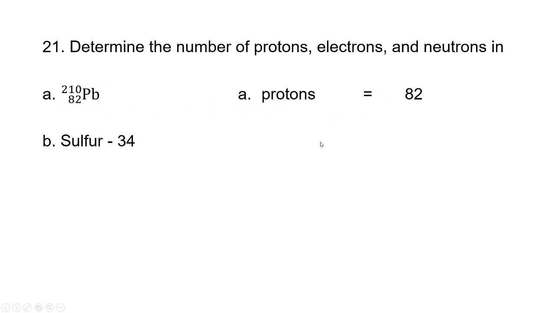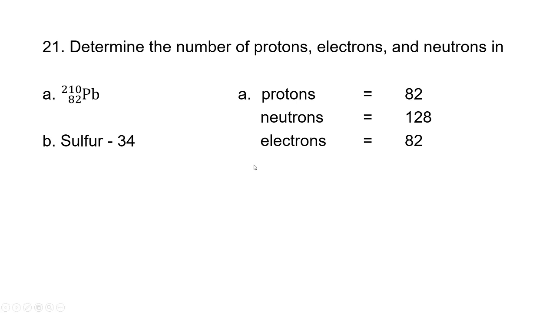So the number of protons and electrons should be the same. If I wanted to solve for neutrons, I'm going to take the mass number, which is protons and neutrons combined, 210, and I'm going to subtract 82 from that. So 210 minus 82, it's going to give me 128. And then again, electrons are equal to protons because they don't give us any information regarding charge.